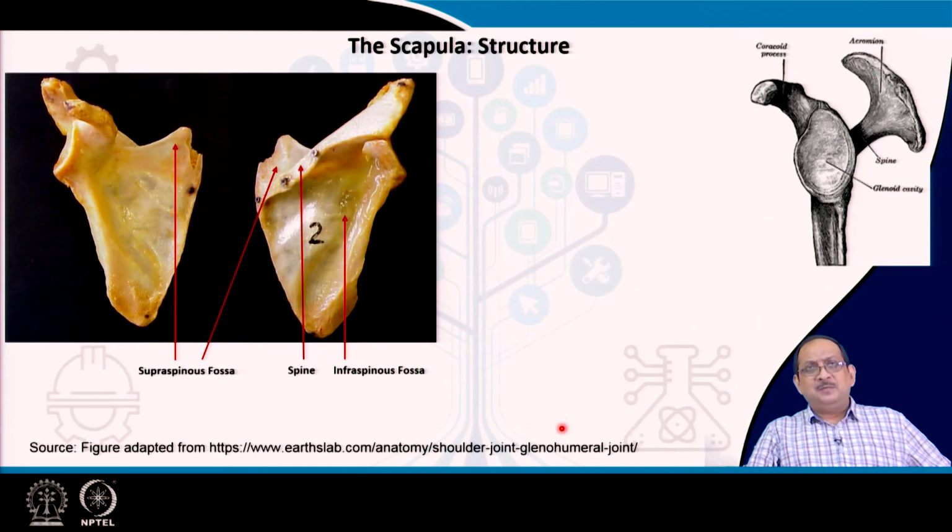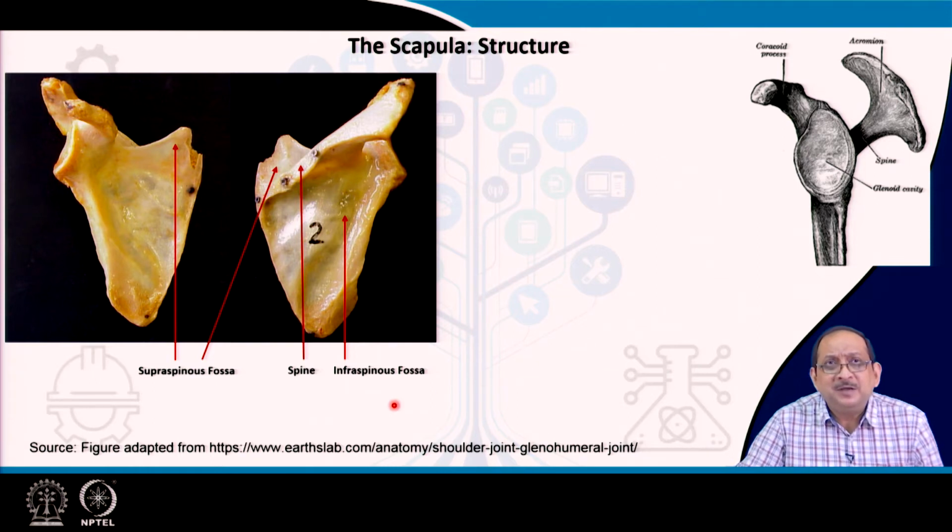Now, let us consider the structure of the scapula, which is very, very complex. As you can see, the scapula is formed of some solid bony ridges, some solid bony structures. So, we have a glenoid, then a lateral border, and on the back the scapular spine, which are solid bony ridges.